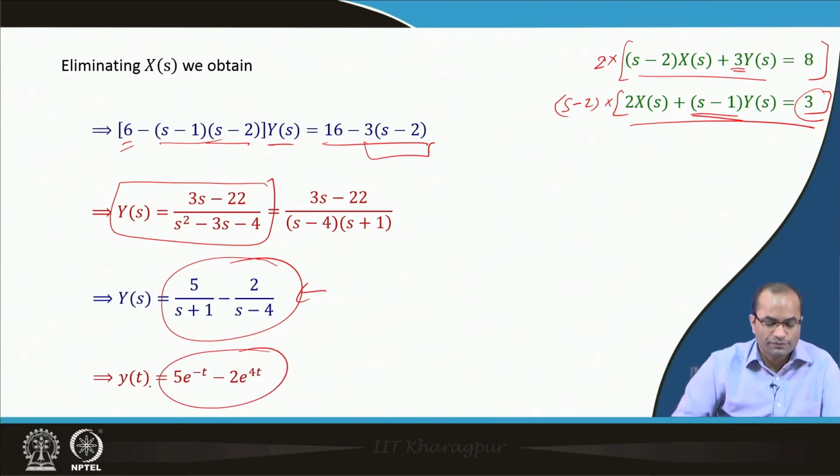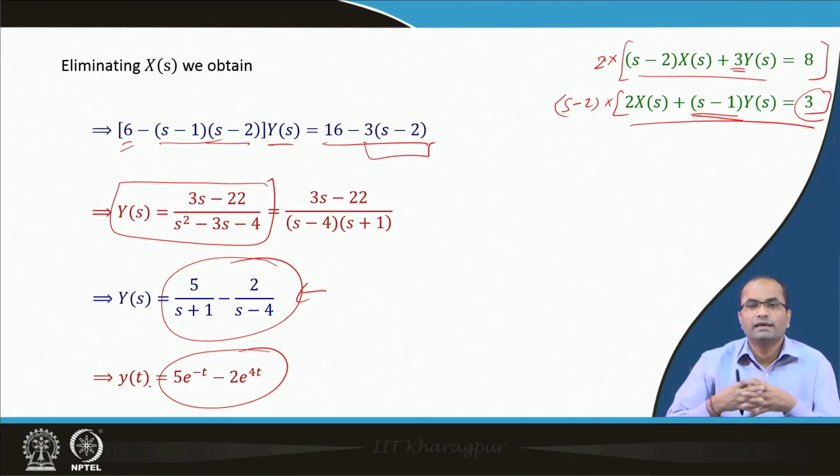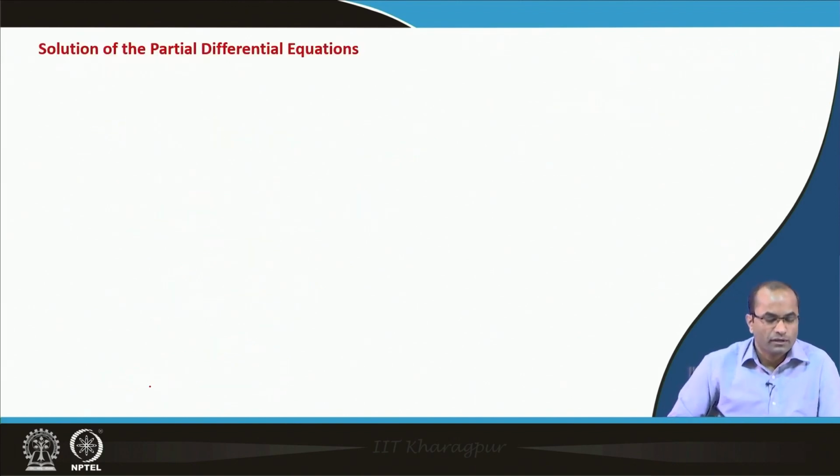So, we will get 5 e power minus t and minus 2 e power 4 t. So, in this way we can also handle a system of linear equations. We can follow the similar steps. We have to take the Laplace transform, and then these transformed equations will be solved again to get x s and y s, and finally, we have to just get this inverse transform.